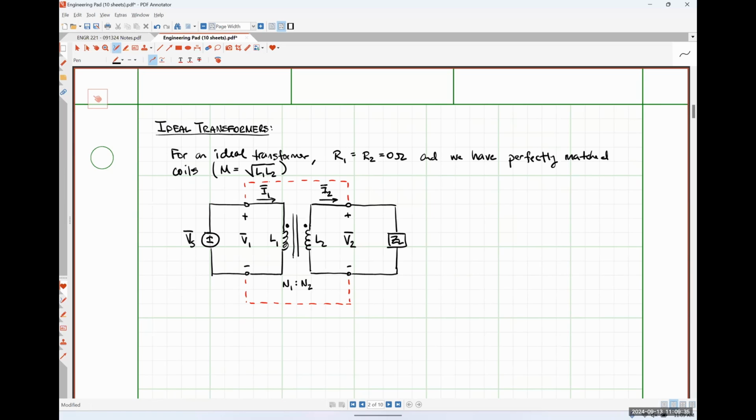Then magic happens. It's no magic at all. It's actually just our transformer stores energy, as we learned in class yesterday. And then that stored energy effectively gets delivered to our load. And if we look at things here, we can see that our current I2, as it circulates around this loop, is flowing into the negative polarity terminal, flowing out the positive polarity terminal.